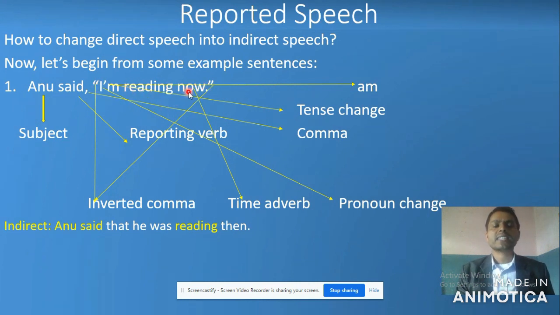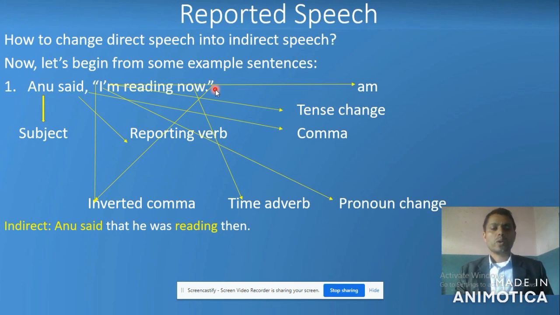This expression is reported directly without changing the words or the structure, so we have kept it in double inverted commas. Anu said, here is a comma, then double inverted comma, I'm reading now, then full stop, then close the double inverted comma.